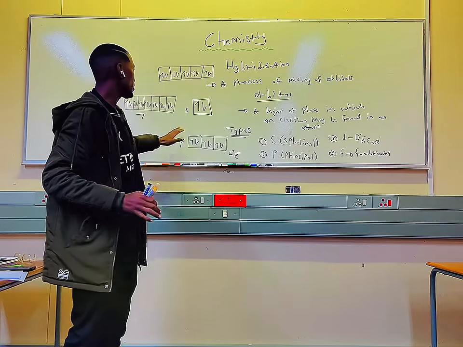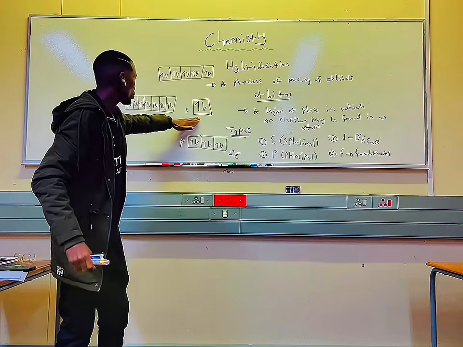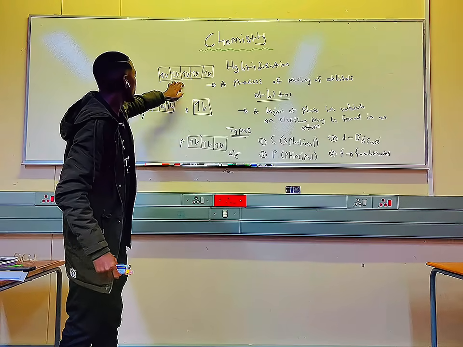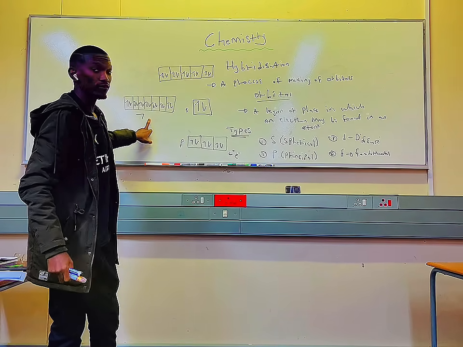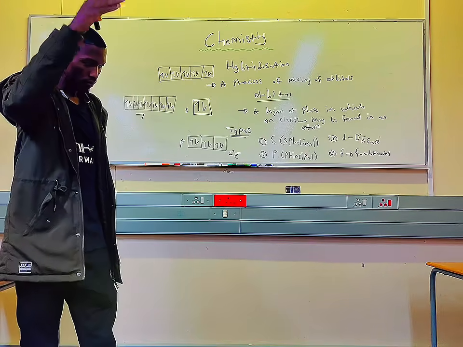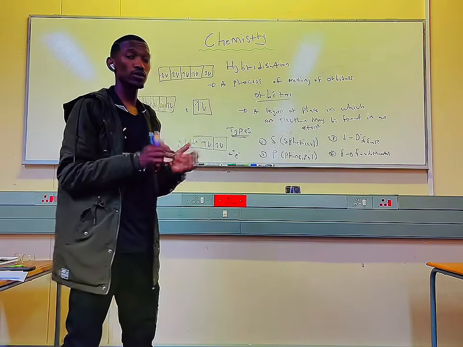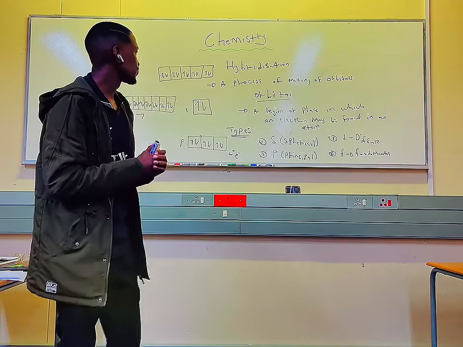So guys, these are the orbitals that you should know for now: the s orbital, p orbital, d orbital, and f orbital. Then there are g and h, which all differ in terms of the number of orbitals and the number of electrons that are going to be occupied in there. Good stuff.